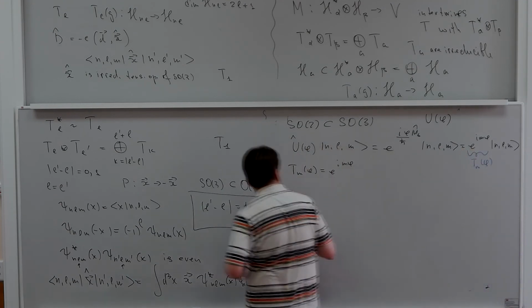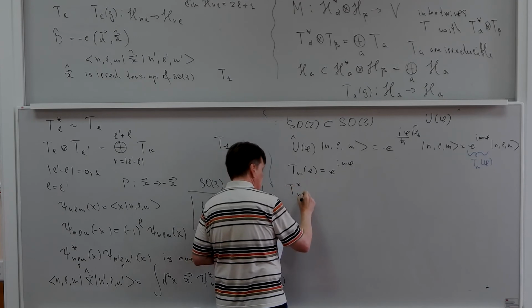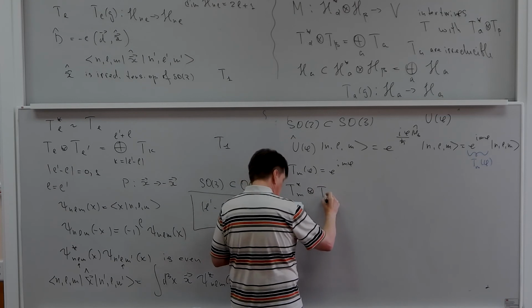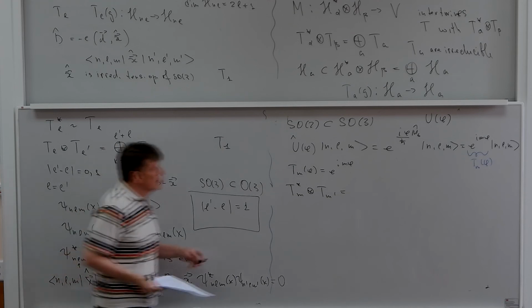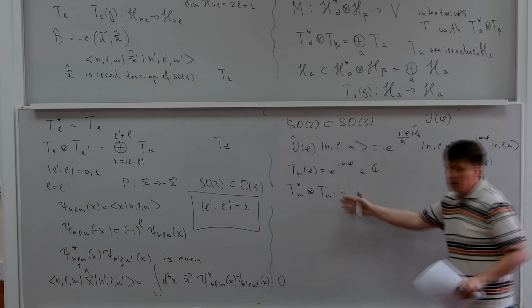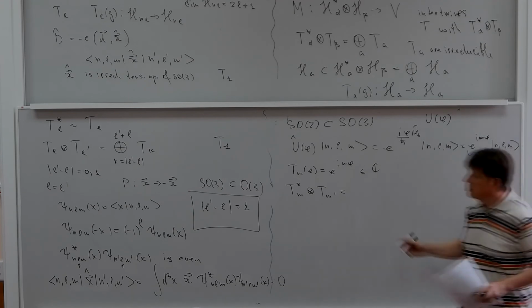What about the tensor products? If I take the tensor product T_m star with T_m prime, since T is just a complex number, the tensor product reduces to the product of complex numbers.